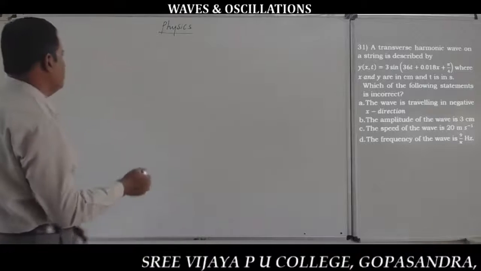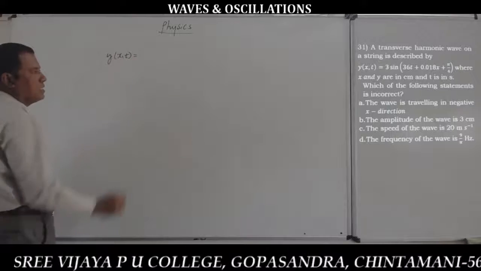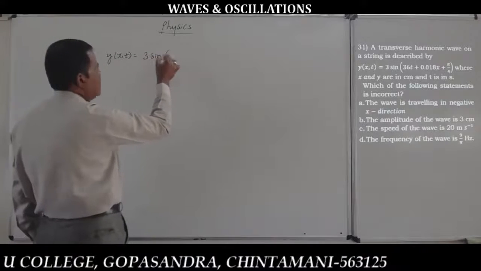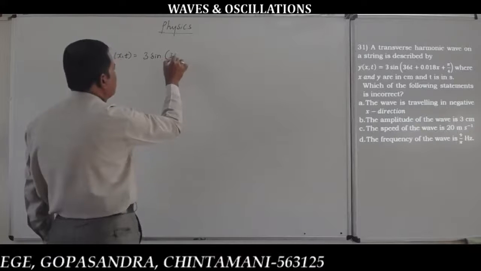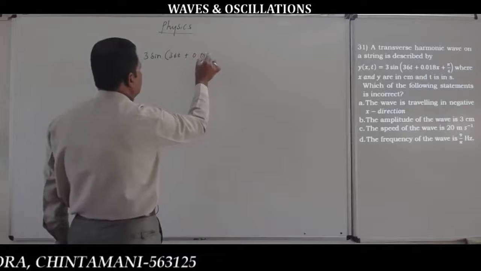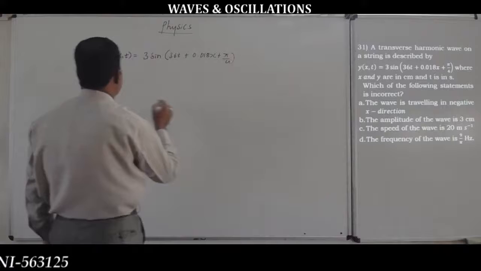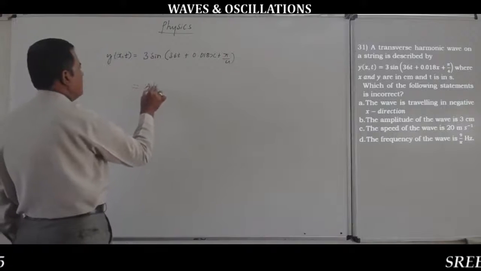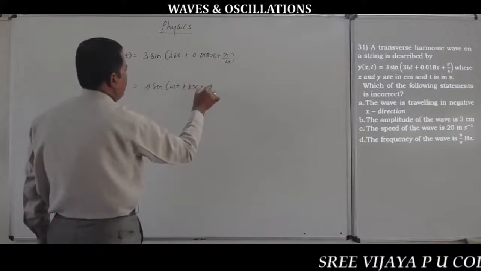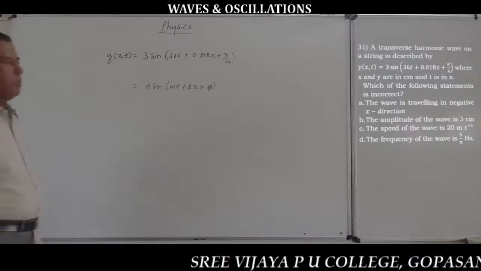The given equation, y of x comma t is equal to 3 sin(36t + 0.018x + pi by 4), compares with the standard form a sin(omega t + kx + phi), where phi is the phase angle, pi by 4.